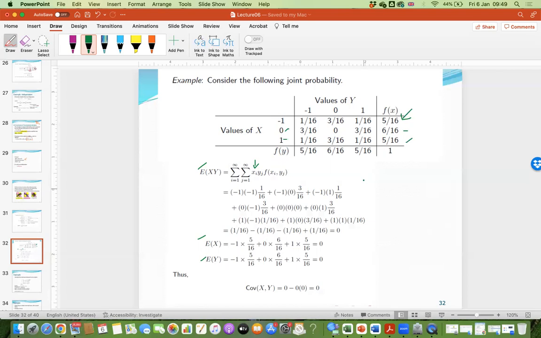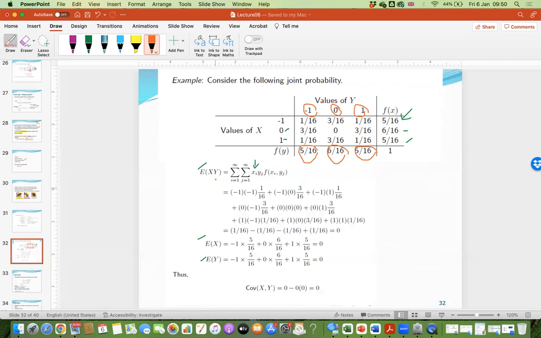For the expected value of y, do the same thing: -1 times the marginal y equals -1, 0 times 6 over 16, 1 times 5 over 16. Then you get your mean x and mean y.